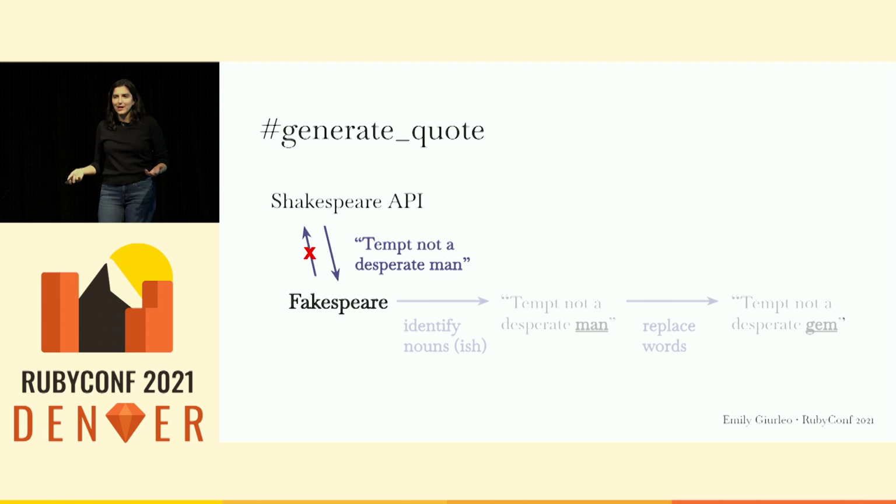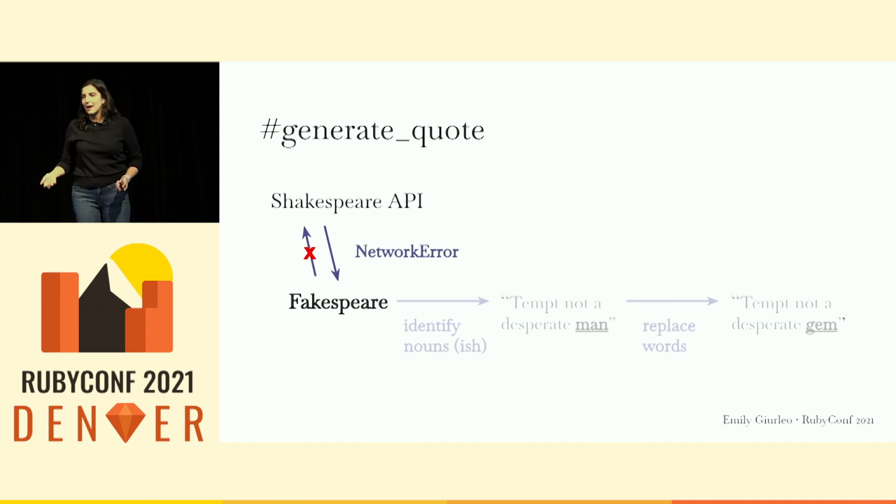But what if that API request fails? What if instead of a quote, we get back a network error? This is an error case that is hard to anticipate. We don't know when the internet might go down or when the Shakespeare API might be experiencing a problem. That being said, we still want our gem to handle it well, which means we still want to test it.